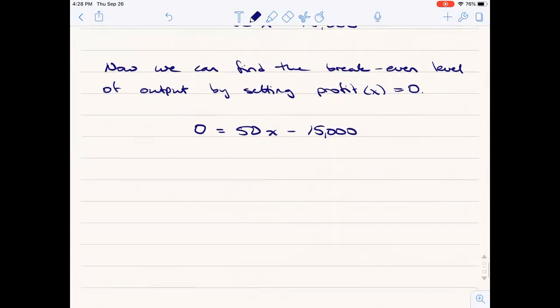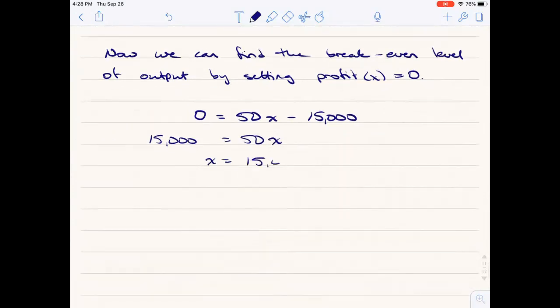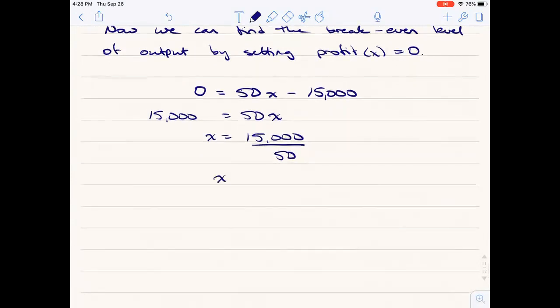Solving for X, right, I move 15,000 over to the left-hand side, is 50X. So X is 15,000 divided by 50. So X is 300. Which means I need to run my commercial for at least 300 minutes before I even start seeing a positive profit.